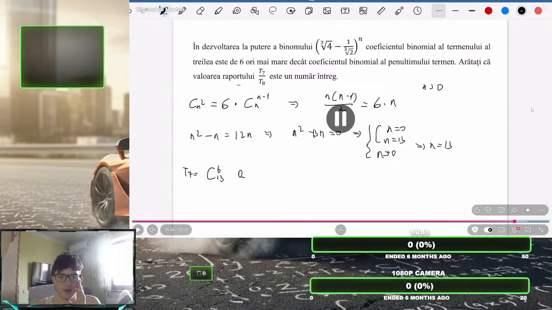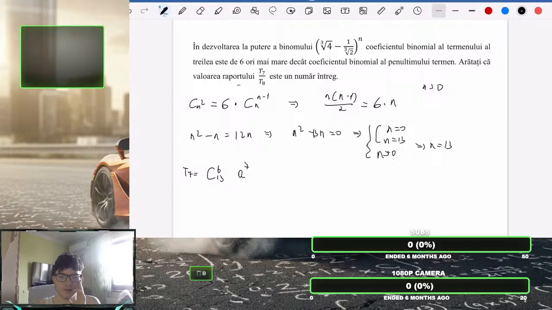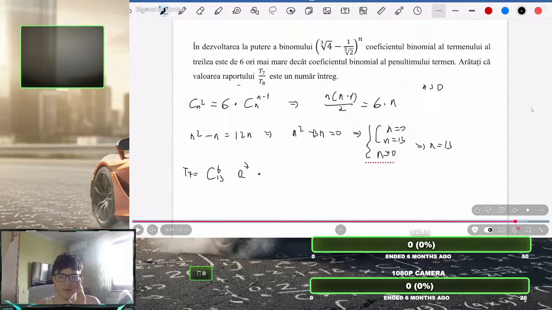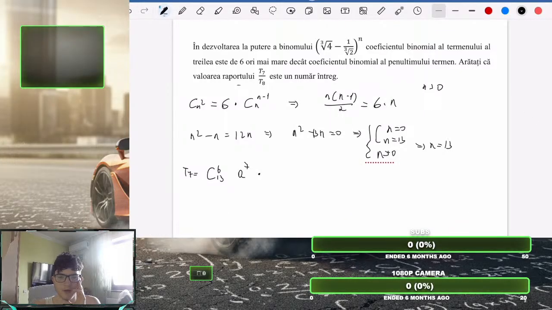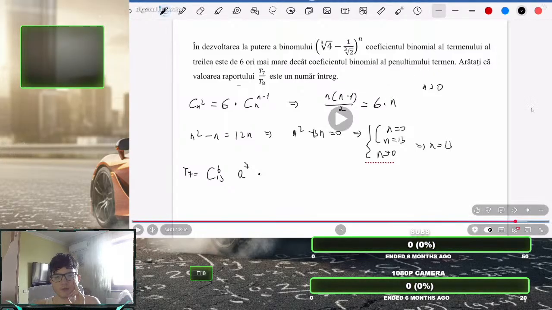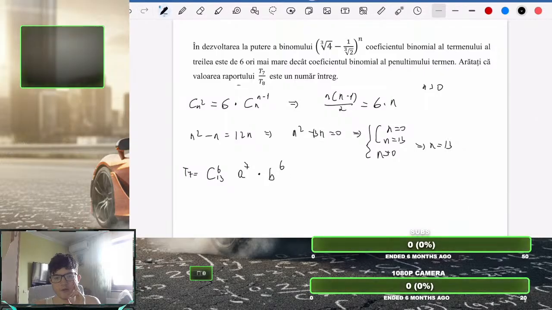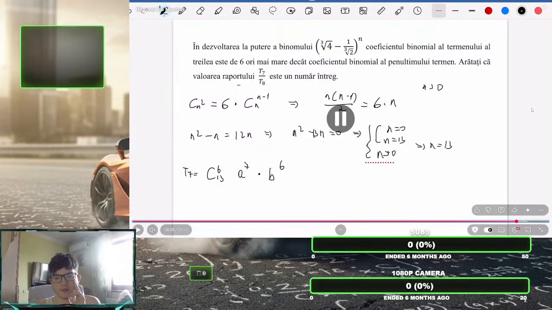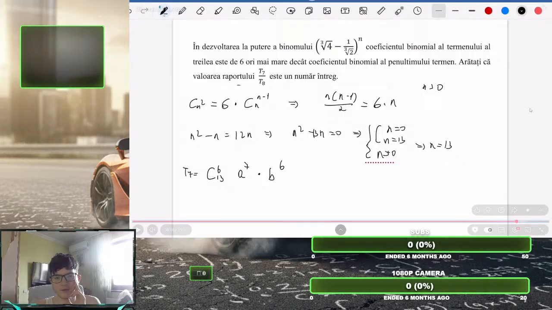It's gonna be A at the power of 7. Why A to the power of 7? Well, I get it that it's the 7th term, but B power of 7, B power of 6, what? Man, what kind of tricked up stuff is this?